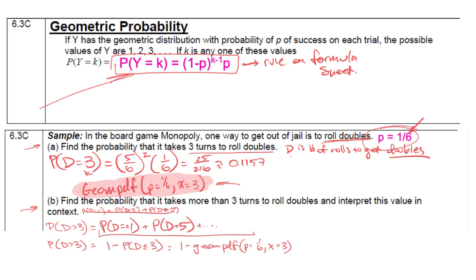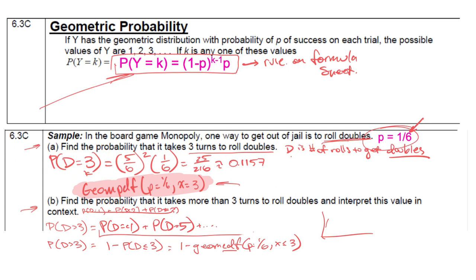Or excuse me, sorry. Less than or equal to 3, so you just need to do... It's early still. Sorry, it's CDF. p equals 1/6, x is less than or equal to 3. So you're just going to put 3 here. This is cumulative. So we're looking at in our graph, it's skewed right.